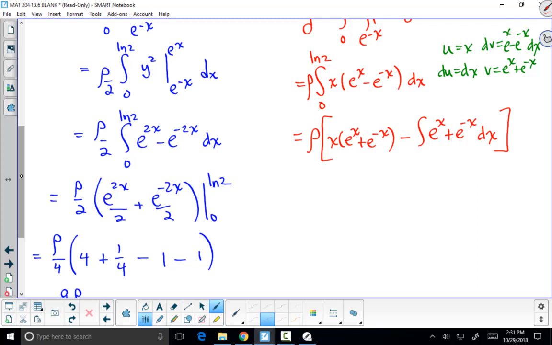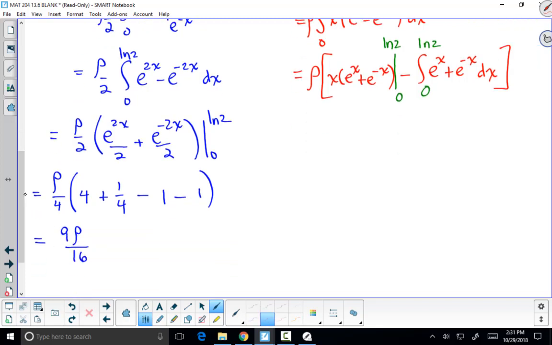And our limits of integration, let's get those in there. So 0 to natural log of 2 here, and this is evaluated 0 to natural log of 2. We can just hold off for a second on evaluating it and do it all at once instead of twice. Hopefully find a shortcut if we can.